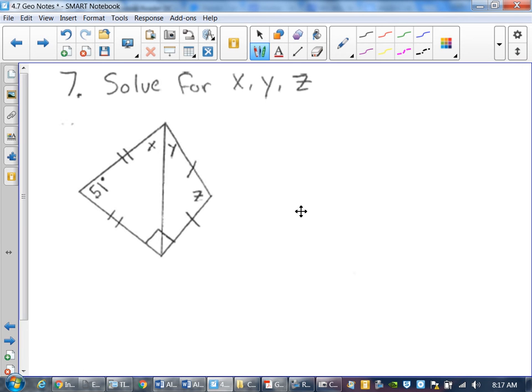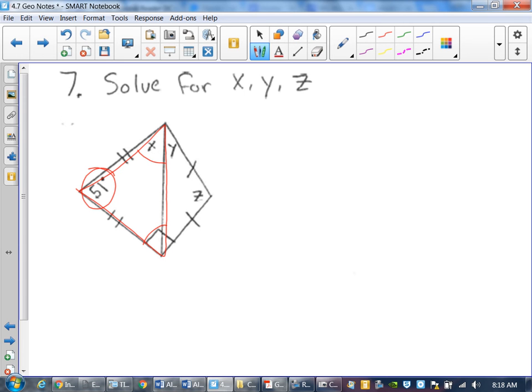On number 7, you will notice that you've got a couple of sets of isosceles triangles. You will also notice that you're given one of the angles is a right angle. Okay with that? Now, our vertex angle for the triangle on the left is 51 degrees. So if that's 51 degrees, and we're working with the triangle on the left, how many degrees are left for those two angles?